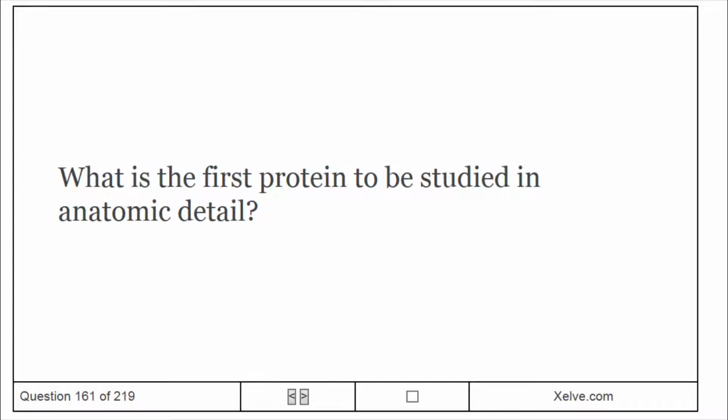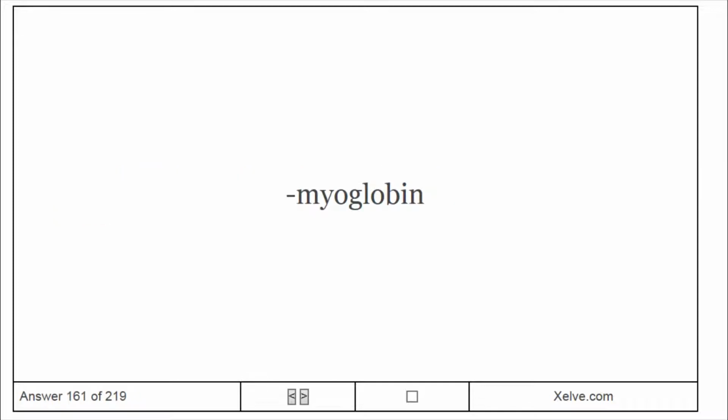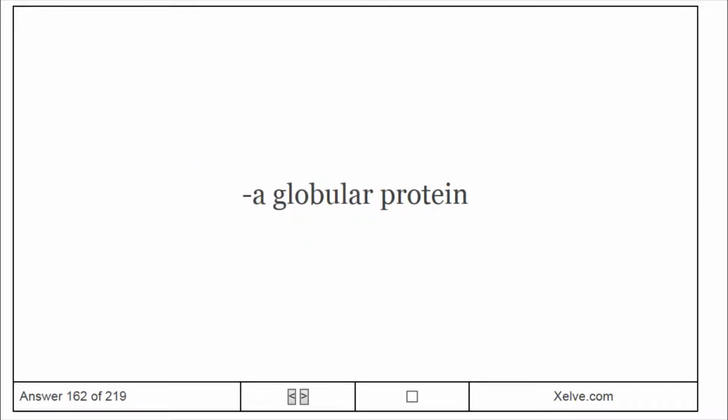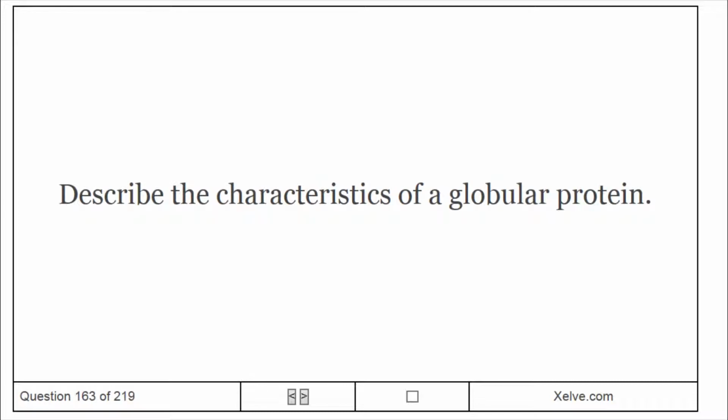What is the first protein to be studied in atomic detail? Myoglobin. Myoglobin is an example of what type of protein? A globular protein.